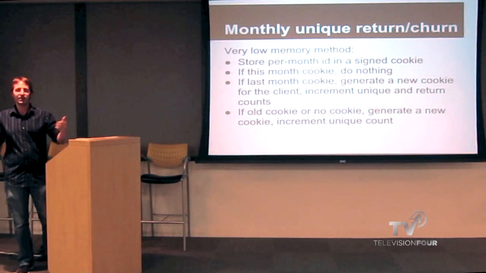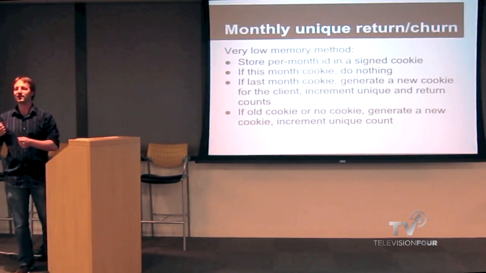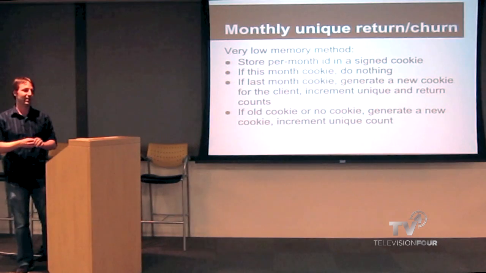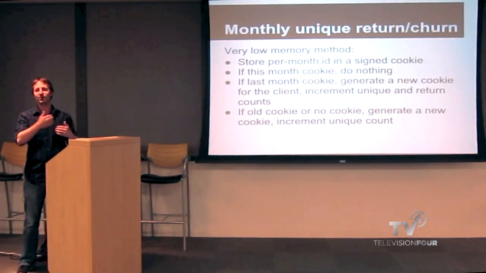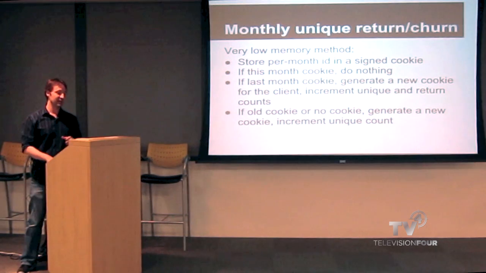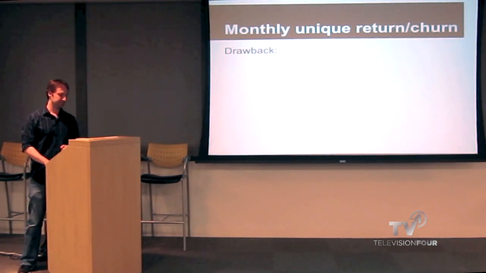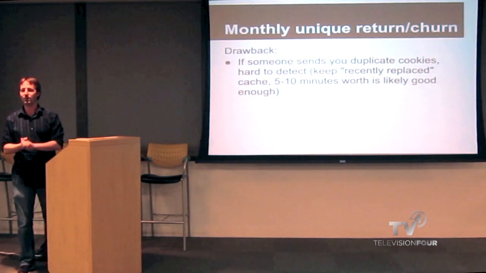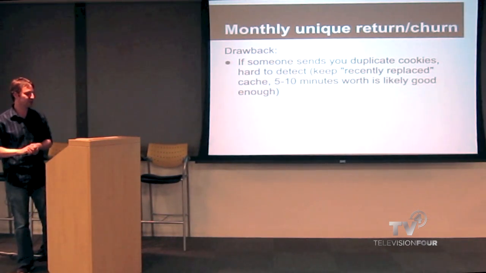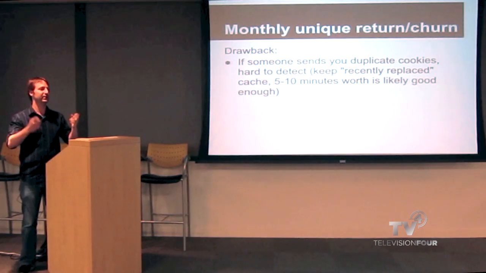Now this is sufficient to give you unique counts. It's not great at not duplicating cookies and dealing with cookie manipulation, especially if you've got a cookie from last month. But we can do that a little bit. We can solve that particular problem by just keeping a small hash of recently replaced cookies.